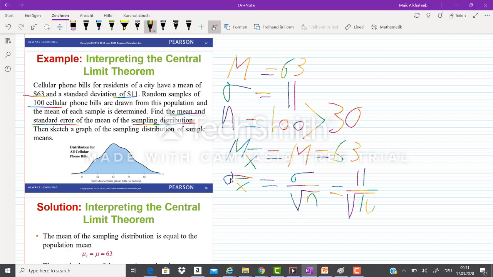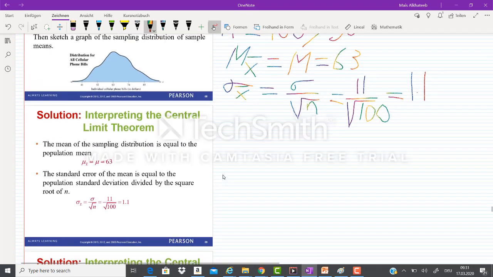Okay, the square root of 100. It will be equal to 1.1, by calculator. Then I calculate mu x and I calculate sigma x. It's a very simple and easy example.